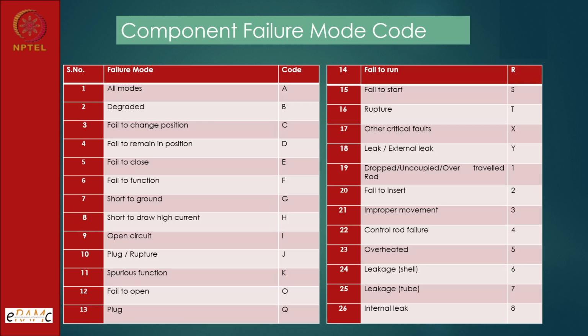For failure mode characterization, this is a table I have taken from an International Atomic Energy Agency document, and you can see here all modes of failure: degraded failure, fail to. So there are some for mechanical, fail to remain open. Okay, it is for one check valve or it is for some electronic circuit, fail to close for mechanical valves, short to ground, it is for some electronic or electrical circuit.